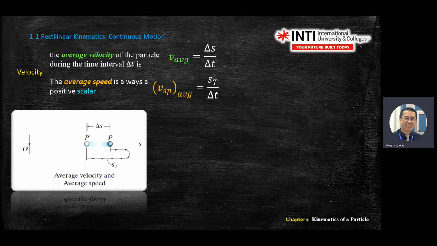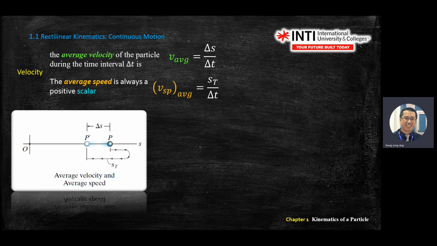So is there any difference between velocity and speed if you do calculation based on this diagram? Yes. What is different? Direction. If this one moves forward, both will be the same.